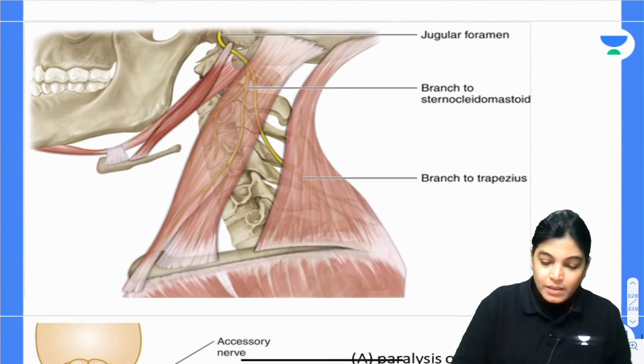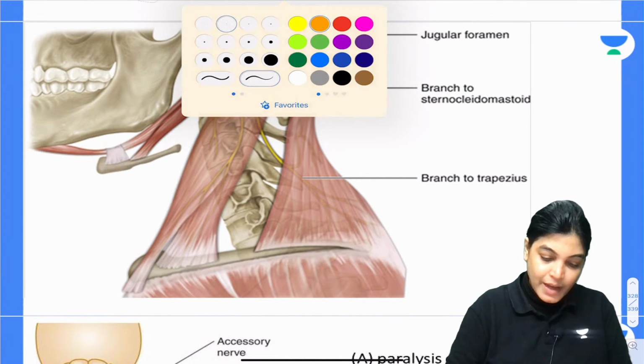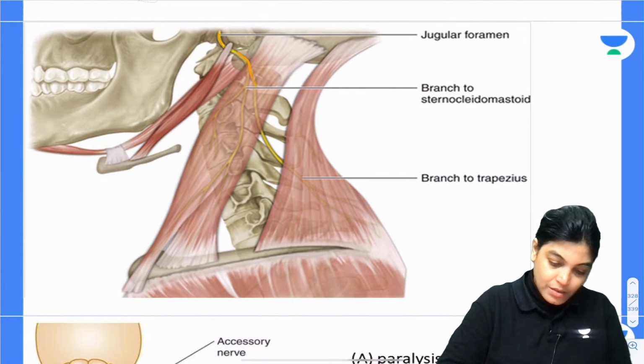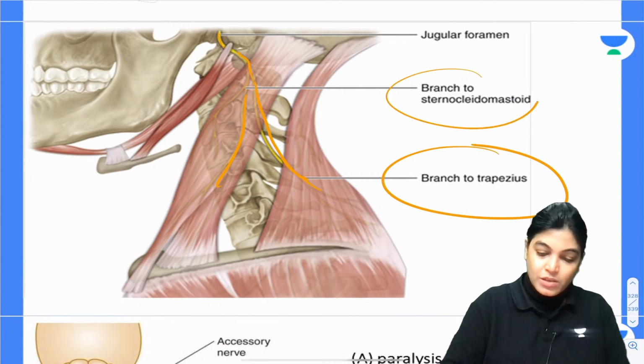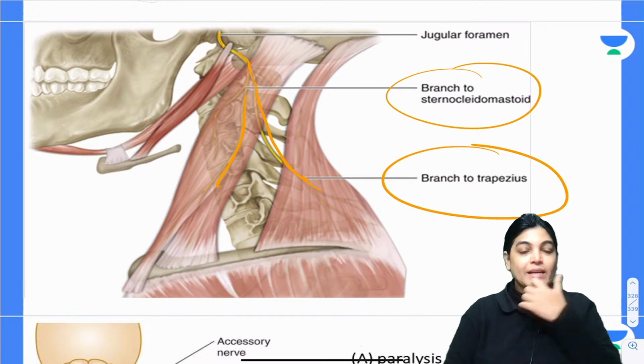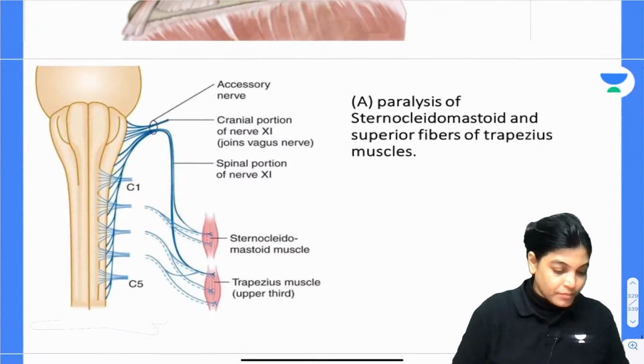Now see here, in this diagram the spinal accessory nerve has been shown. This is the spinal accessory nerve, which gives innervation to the trapezius and sternocleidomastoid muscles, lying in the posterior triangle of the neck, traversing between the roof and the floor.